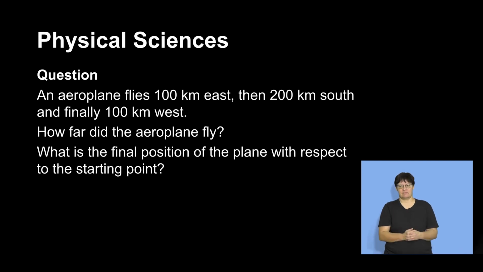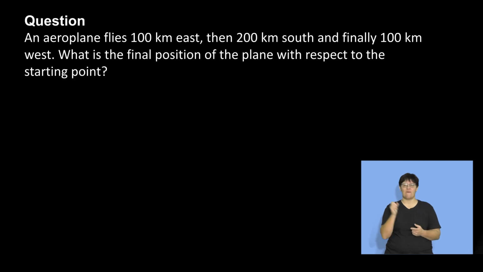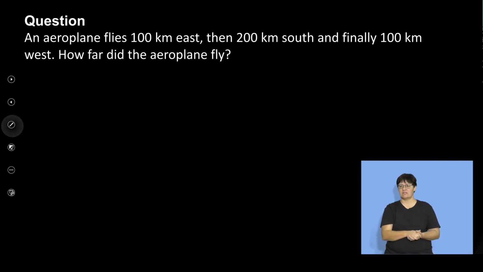Okay? One last question. Aeroplane flies 100 kilometers east, 200 kilometers south, and finally 100 kilometers west. We want to know how far it flew and what its final position is. So if we go to the first one, how far did it fly? Far means distance.